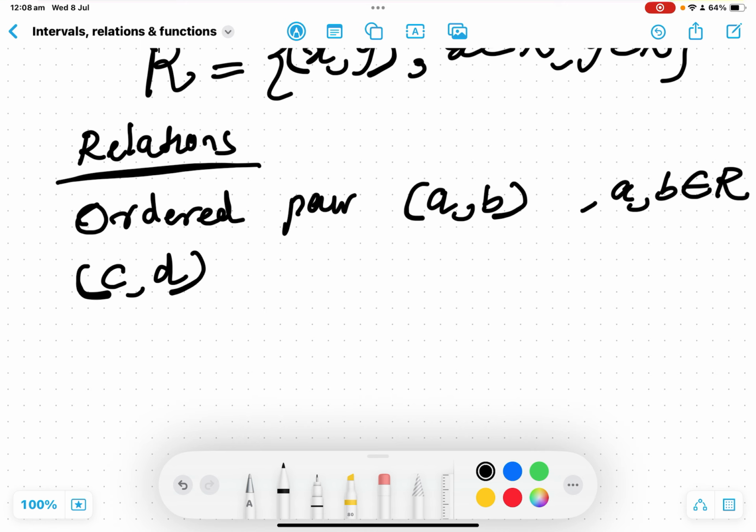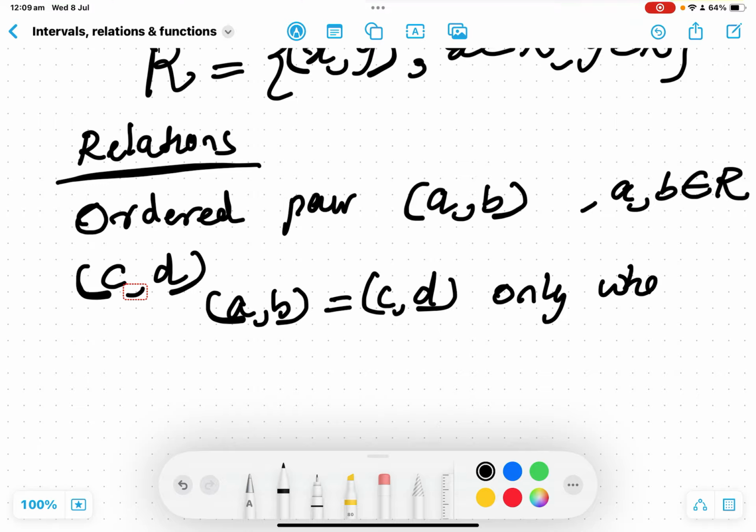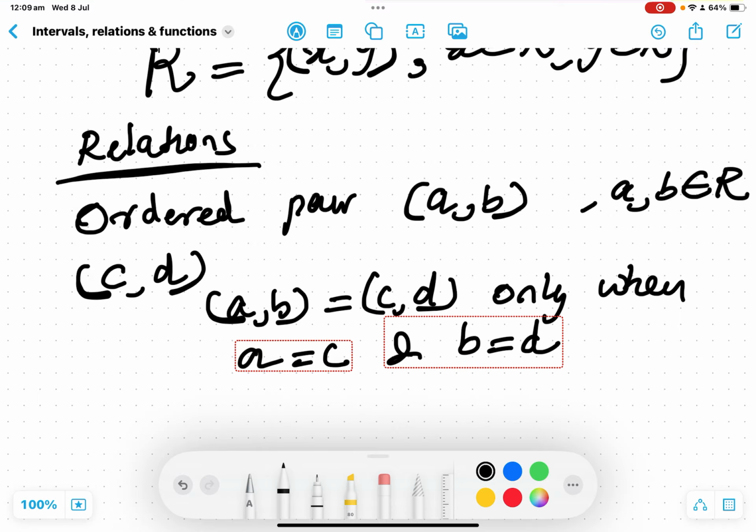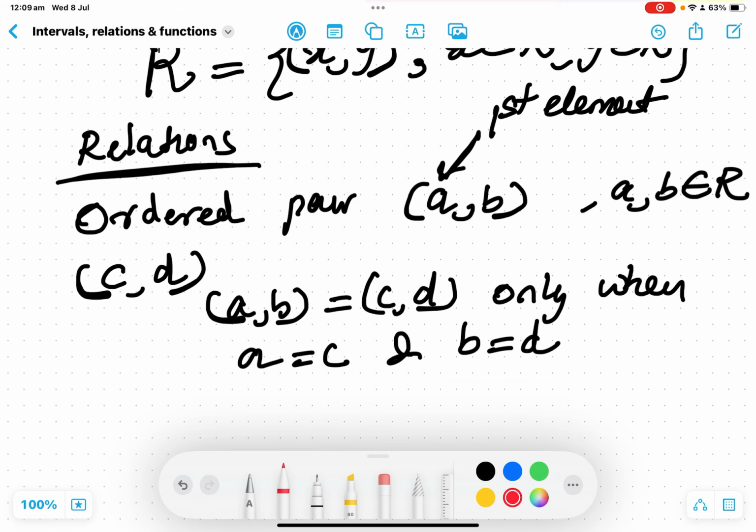In mathematics, we say the ordered pair (A, B) equals (C, D) only when A equals C and B equals D. In an ordered pair, A is called the first element and B is called the second element.